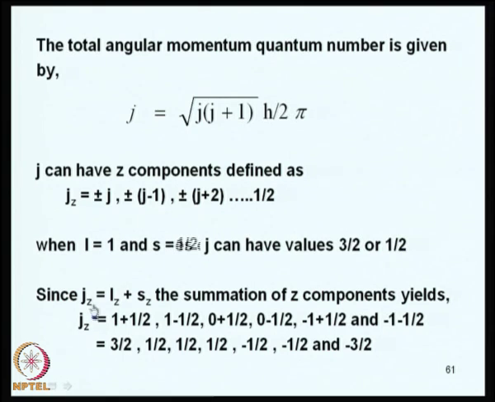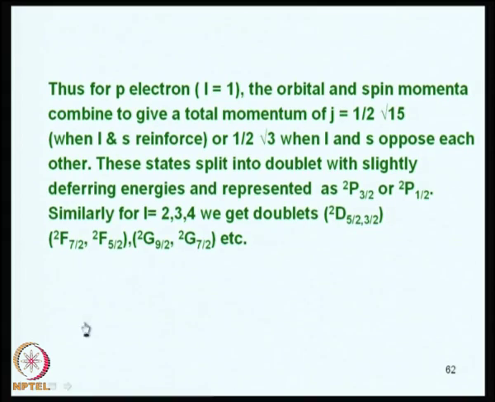Since Jz, that is the Z component, is also derived from the orbital angular momentum and spin quantum numbers, the summation of Z components gives so many states, 1 plus 1 by 2, 1 minus 1 by 2, 0 plus half, 0 minus half, like that. So many states for each electron in the atom.